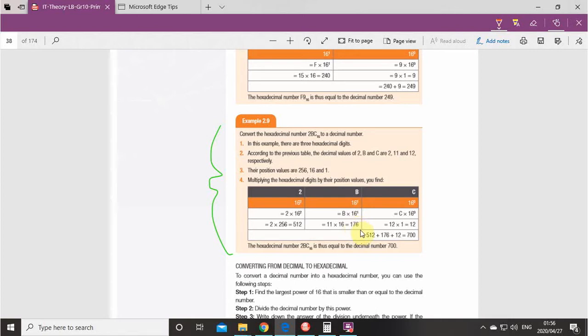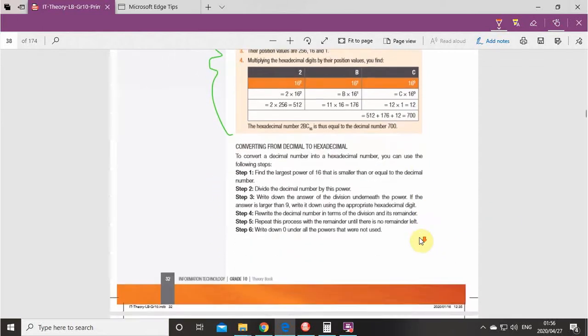I add that to my answer, and then lastly I take C, which is 12, and multiply it by 16 to the power of 0, which is 1. So 12 times 1 equals 12. Then add all of these totals together: 512 plus 176 plus 12 equates to 700. Thus 2BC equals the decimal number 700.